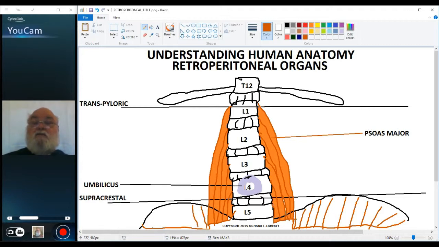In fact, when you see these two muscles in the cadaver, in the femoral region, they are known as iliopsoas because the fibers merge together and they have a common insertion.